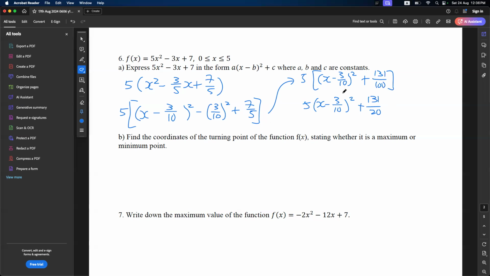So right now, from this working here, the turning point would have the coordinates positive 3 over 10, because this is inside the bracket negative already, and then 131 over 20. Okay?